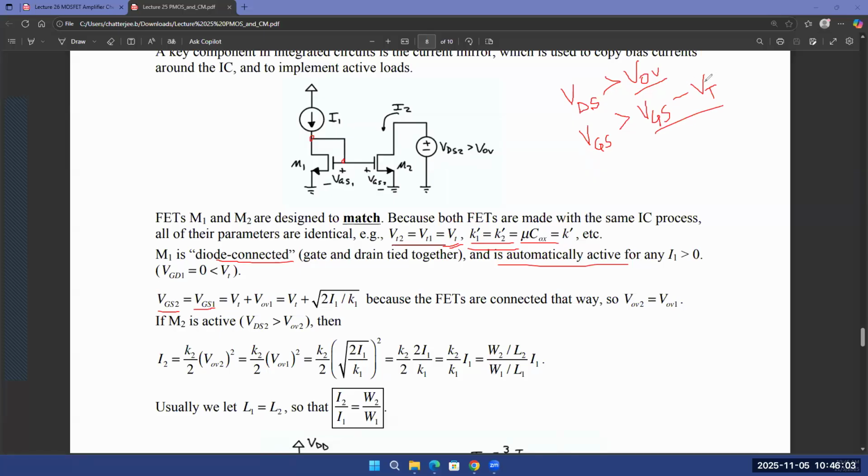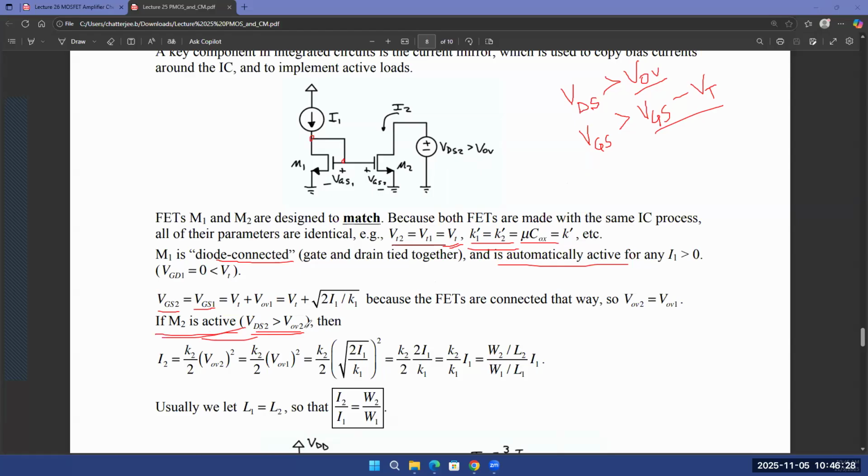If VT is equal, that is again another assumption, then the V overdrive has to be equal for both the transistors, because VGS is equal and VT is equal, so VGS minus VT has to be equal. All right. Now, if your M2 transistor is in the active region, so if your VDS2 is greater than V overdrive 2, that's again an assumption.